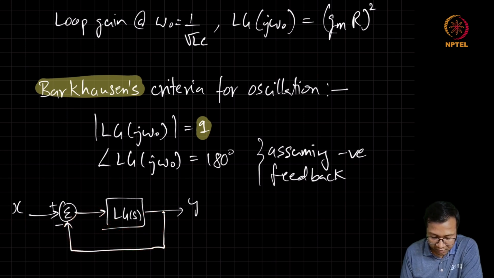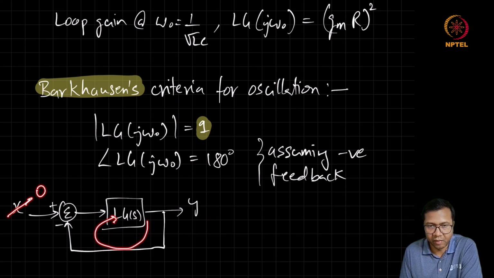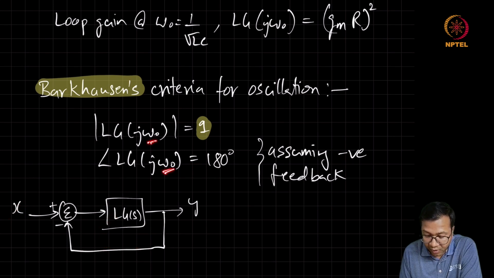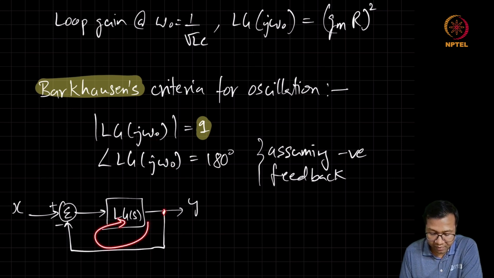So as a result, even in the absence of input, we can have an output which can be maintained indefinitely. So if it is possible to achieve such a loop gain at a frequency omega naught, then that oscillation is going to be self-sustained even when there is no input applied.